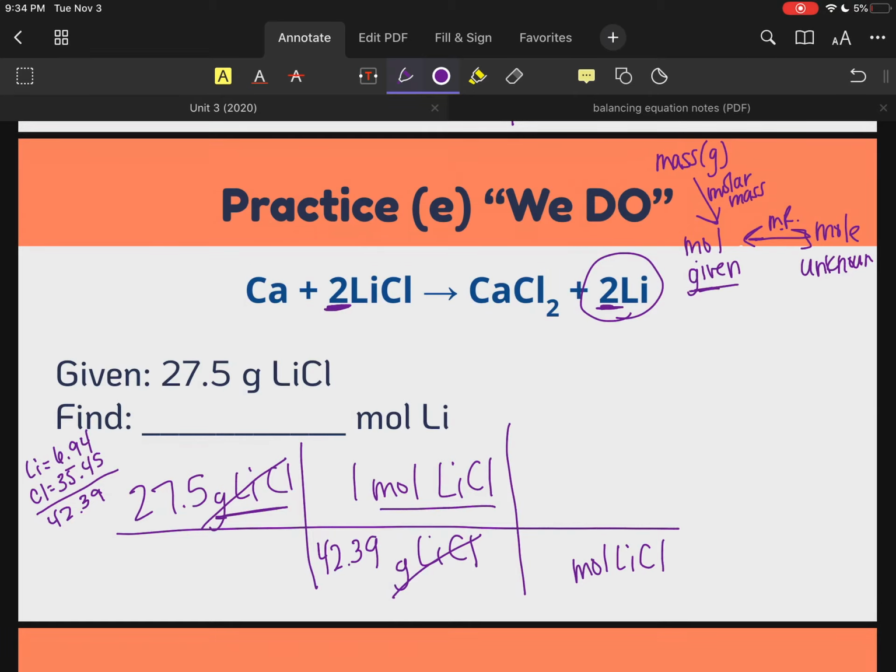So now I'm here. I've got my moles of given. I need to move over here to my moles of unknown, so that's where my mole ratio comes in. How many moles of lithium chloride do I have? 2. I'm looking for moles of lithium. How many moles of lithium do I have? 2.